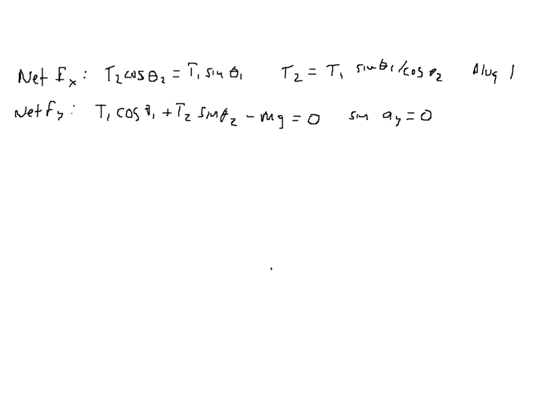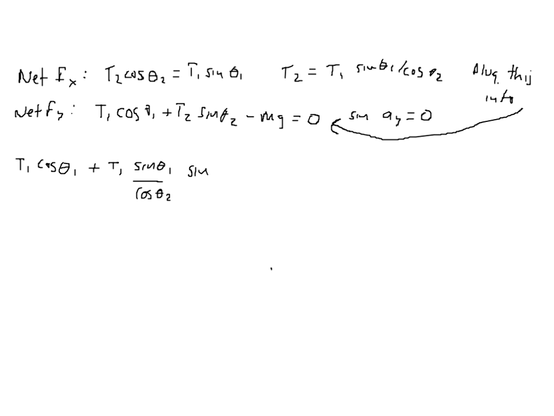So we can plug in, so we've got T1 cos theta 1 plus T2, but that's equal to T1 sine theta 1 over cos theta 2 times sine theta 2 equals mg. So we can factor out a T1.